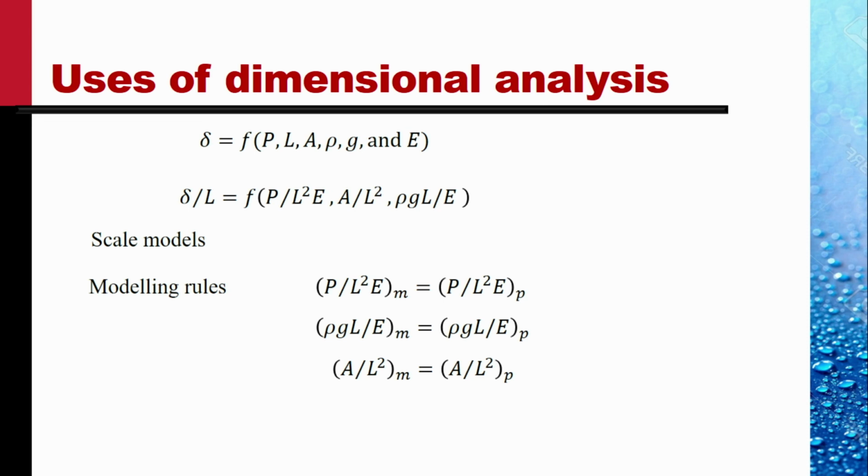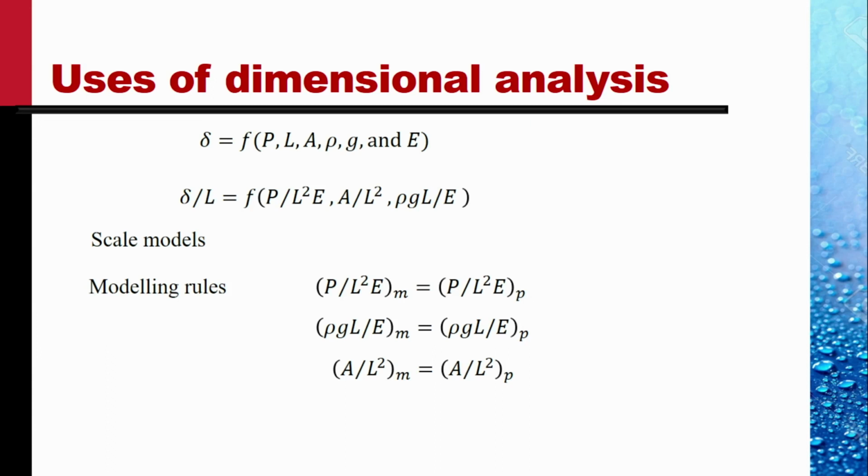Similarly, rho G L by E in the model must match its value in the prototype. A by L square in the model should match A by L square in the prototype. This is an easier order than matching all the 6 quantities independently, because then it will not be a model at all, it will be the prototype itself.